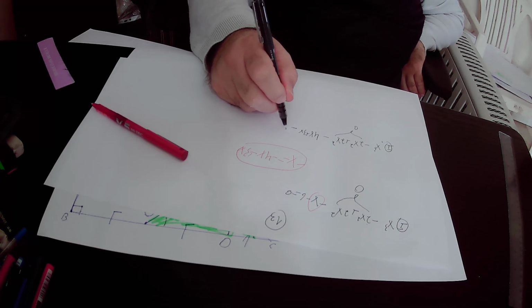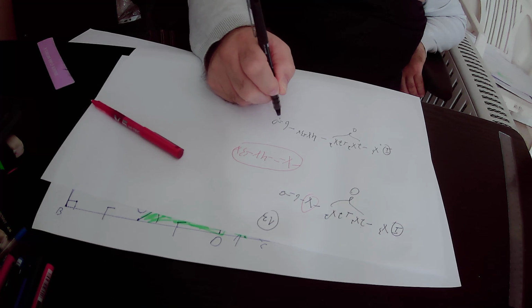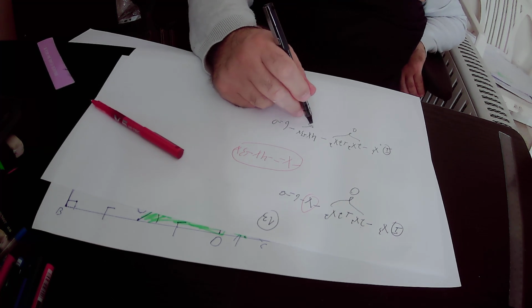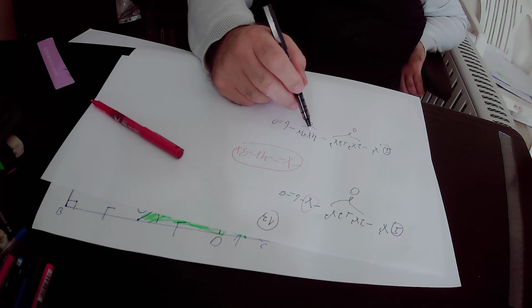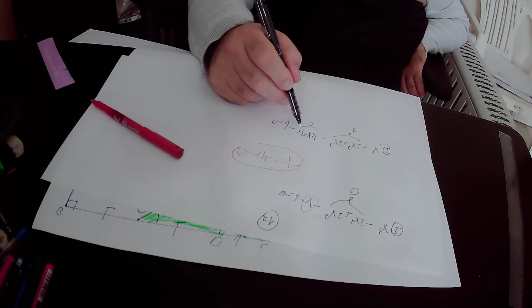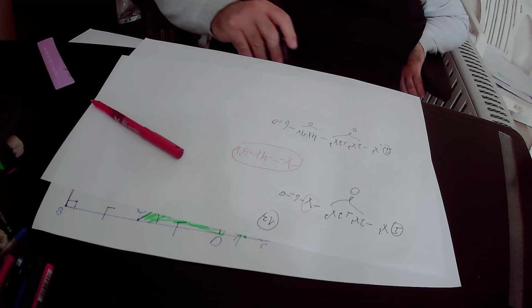Minus 6 equals 0. So we substituted minus x by minus 4x plus 3x, and we got this expression.